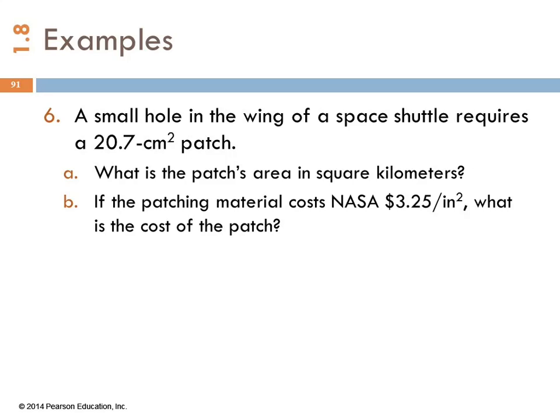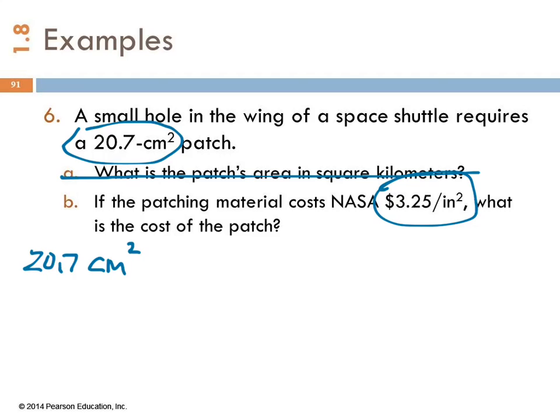This is one of those more involved word problems. We're ignoring part A. So we've got this number here, and we've got that number there. Let's just write them down and look at them. $3.25, dollar is a unit, per square inch. Vertical fraction. Here we have a single unit, centimeters squared.